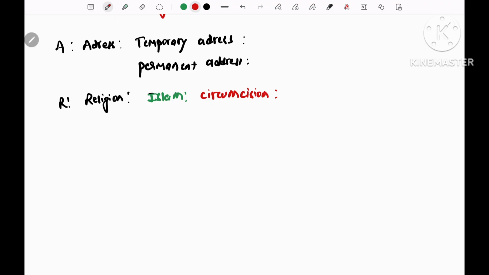So in Islam, due to circumcision, there is less chance of carcinoma penis. This culture is also followed by Jews, so in the Islamic and Jewish communities, there is less chance of carcinoma penis.